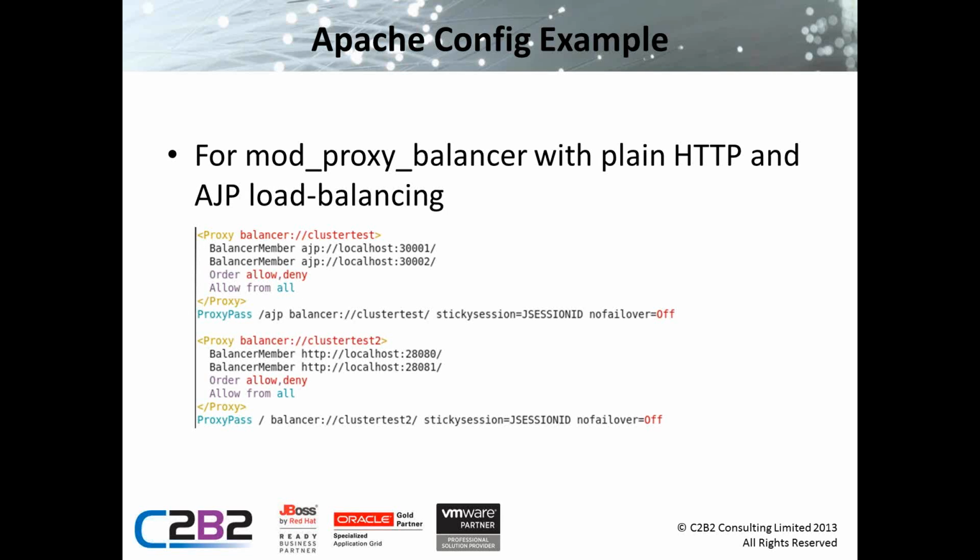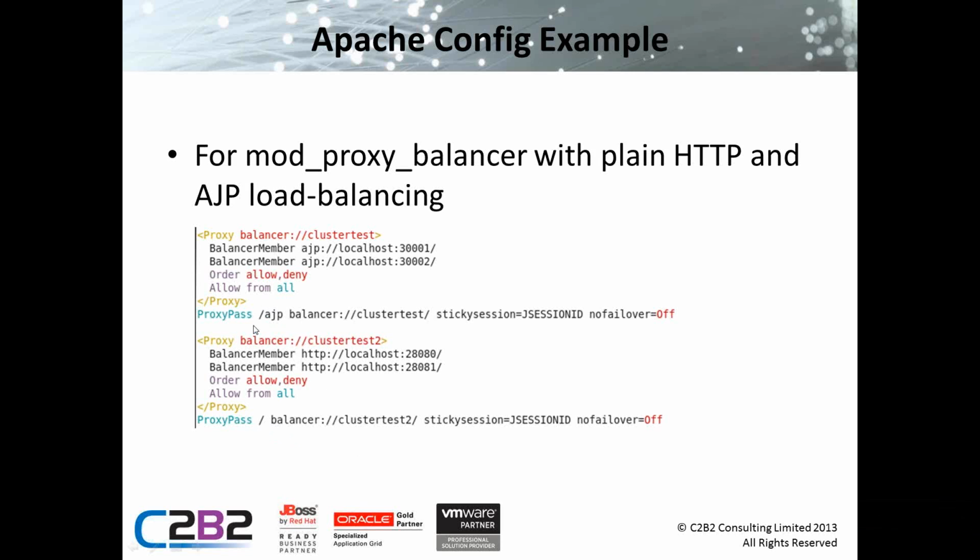So how to configure this? You need to change your Apache configuration. This is an example for mod_proxy balancing, because this is the simplest solution and it's bundled with Apache. What you do is you create a proxy path, which basically says, okay, everything that comes in from this context root, so the AJP path, or in the lower one it's the slash, use the proxy balancer.